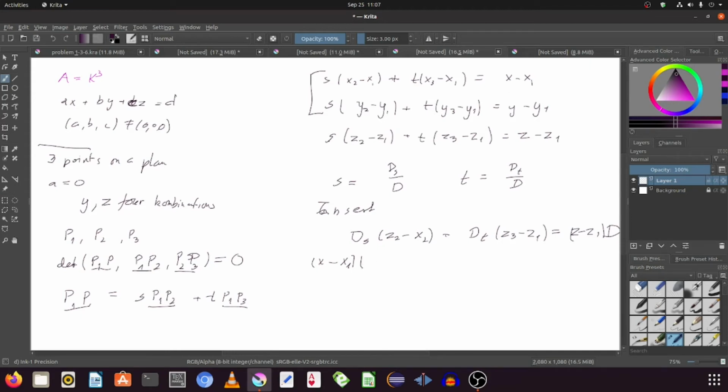So we put this into the first, so it's y3 minus y1. Minus, and then y1 minus y minus y1.